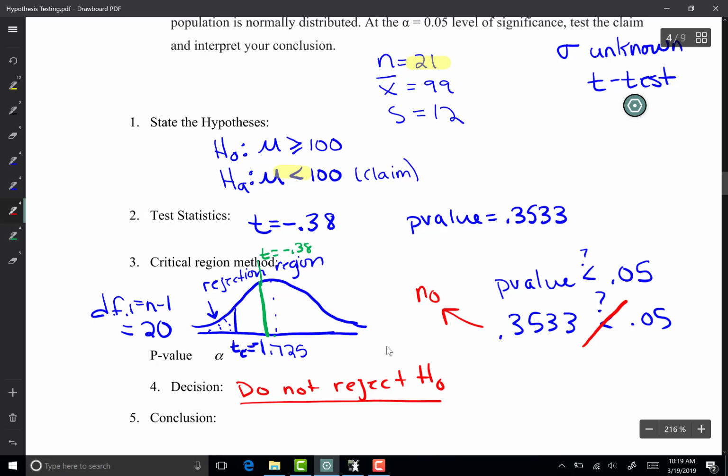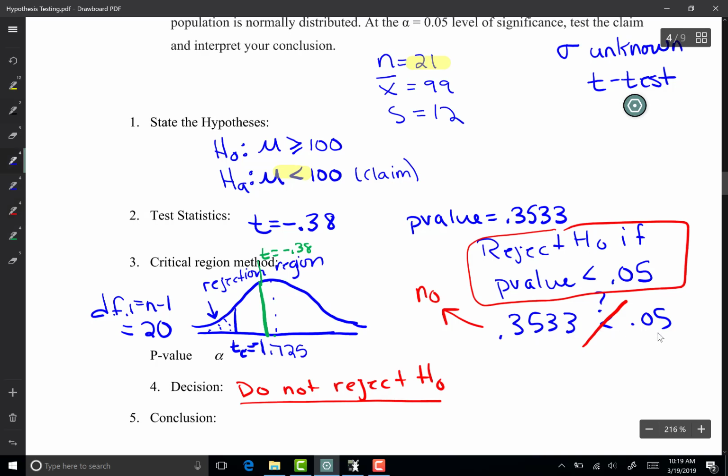We only reject H naught if the p-value is less than alpha. 0.3533 is not less than 0.05. If you're not sure when you compare decimals, just add the zeros and look at the numbers. This number is clearly bigger than this one, right?